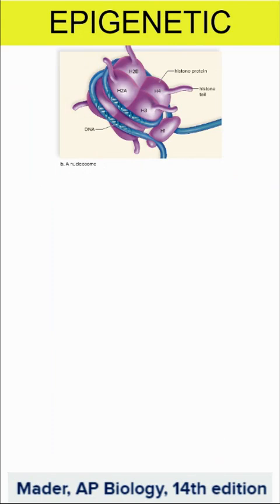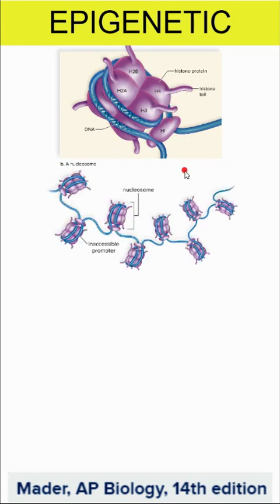So when we start talking about the epigenome, we're talking about not necessarily the actual genes, but what controls which genes are expressed. So your DNA is wrapped around histone proteins, and we call this complex a nucleosome. And the histone proteins have these tails that hang off.